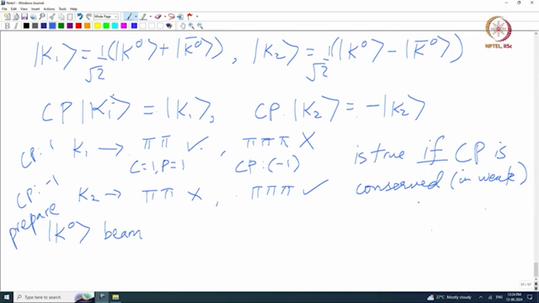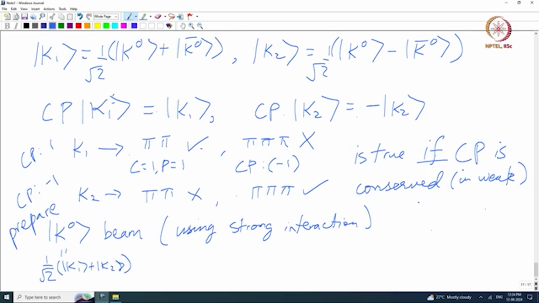So you just crash protons and so on. So I am just going to simply write, using strong interactions, you can prepare a beam of K0, which we just saw is a combination of K1 and K2, right? Okay. So this is the eigenstate that you are preparing, okay?